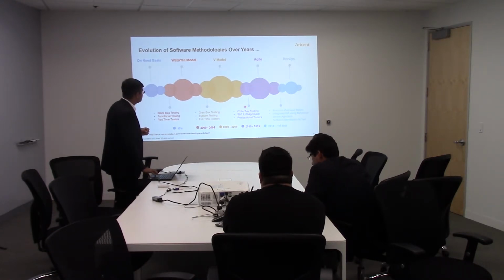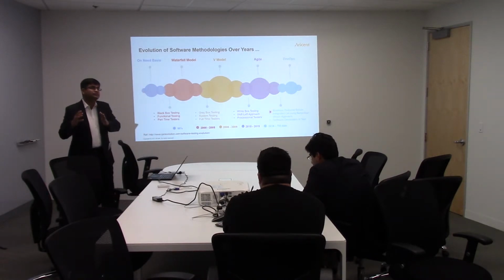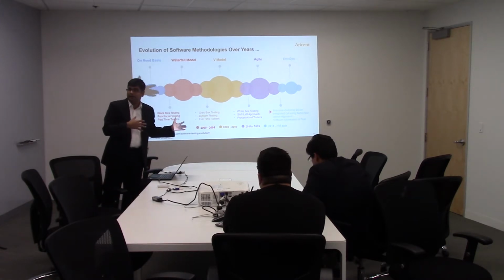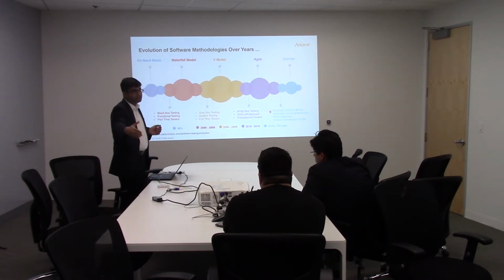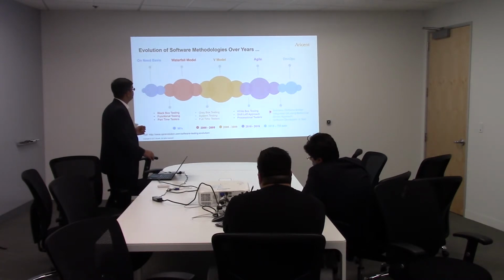This is a shift left approach that is happening. That means the testing is happening closer to the development rather than at the end of the life cycle of the service development.